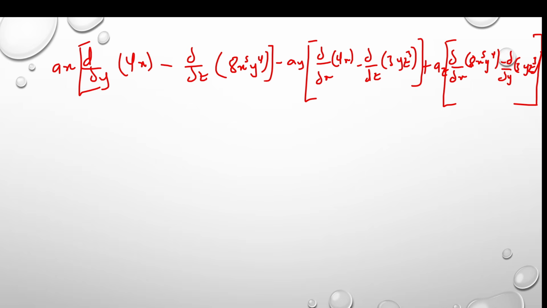So, differentiating this 4x with respect to y, now this becomes a constant, so it's 0. Since there is no component of y inside there. Similarly, we are going to have 0 here, right? Since there is no z component here.